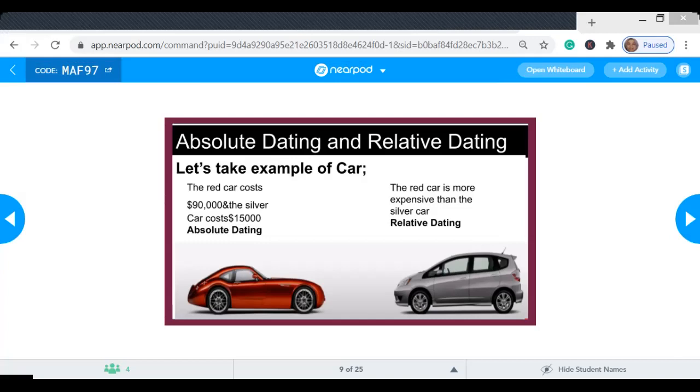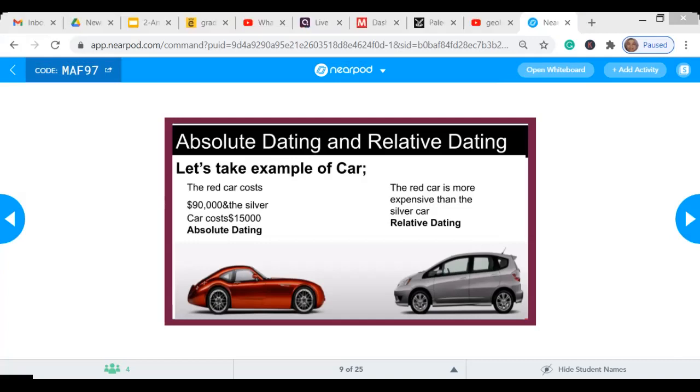Now, absolute dating and relative dating, both are very important to find the history or age of the earth. But today we just look into relative dating. It means with the help of relative dating, we will look into which layer is old, which layer is new.